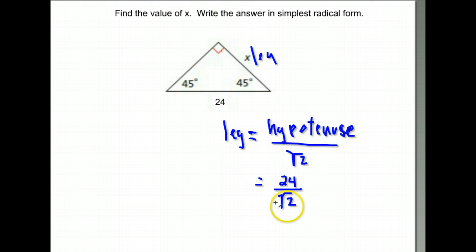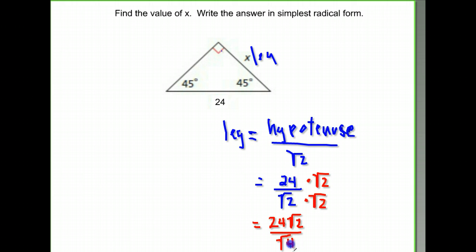So we simplify that. Again, to simplify, our problem was that the root was in the bottom. To simplify, we multiply by exactly that square root. And whatever you do to the bottom, you have to do the same to the top. Then you simplify. So on top, I get 24 root 2. And on the bottom, root 2 times root 2 is root 4.